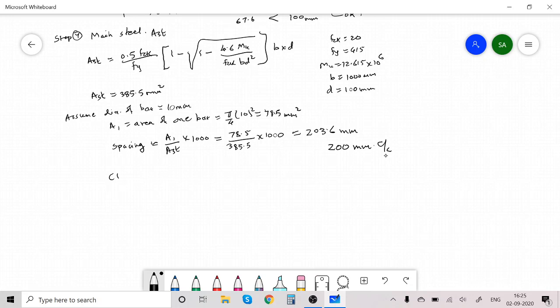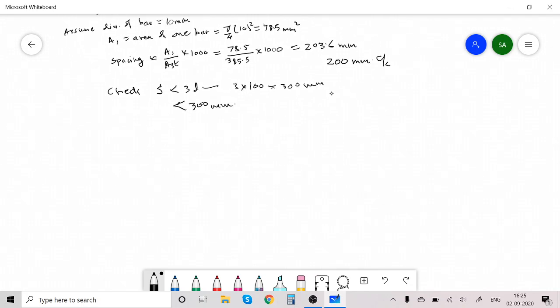Now check that this spacing is less than 3D, where D is the effective depth. So 3 into 100, that is 300 mm. And spacing should also not be greater than 300 mm. So yes, we are providing spacing as 200 mm, it is less than 3D as well as 300 mm.